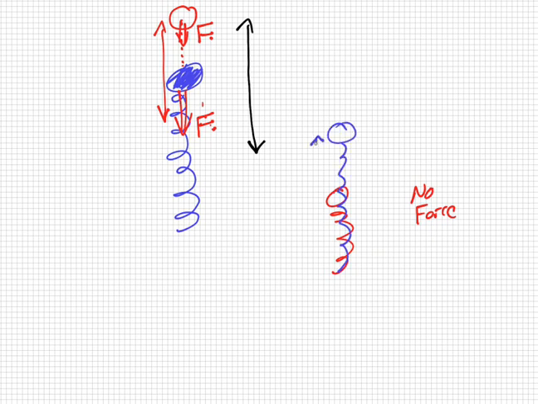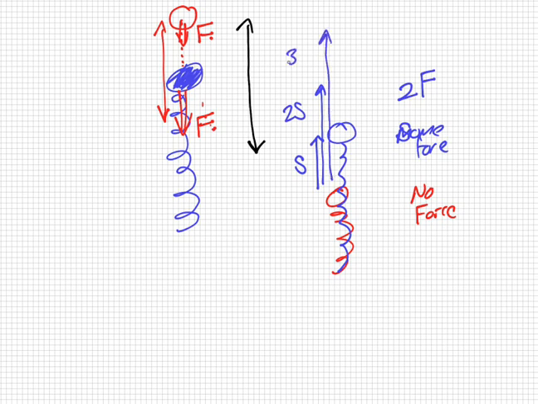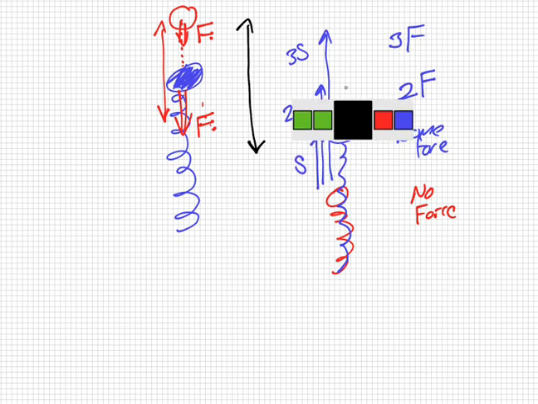Here, if I move it a distance, then there's some force. If I move it twice that distance, then there's twice the force. If I move it 3 times this distance, there's 3 times the force. That's what I mean. And also, notice, if I move it up, which way is the force?